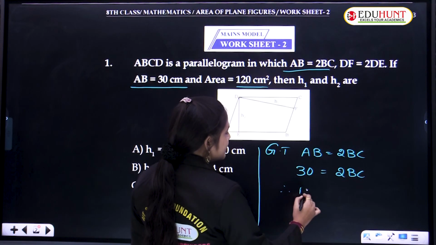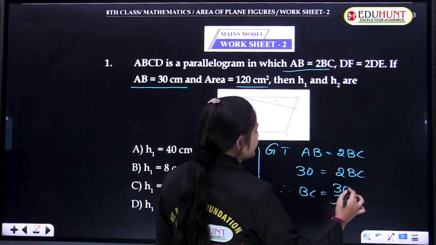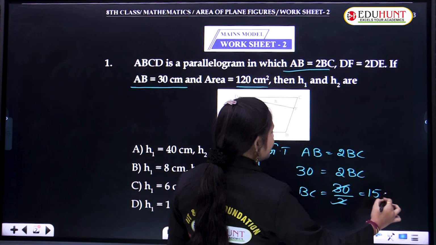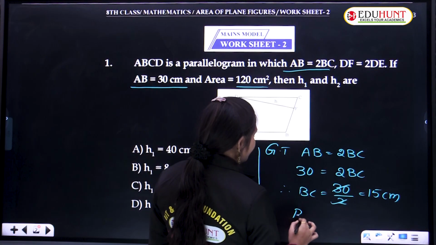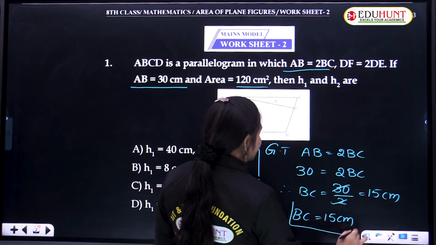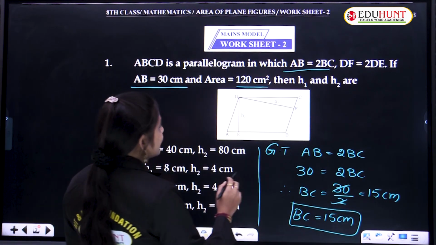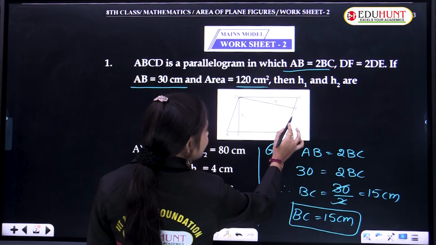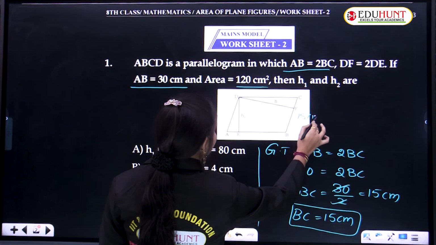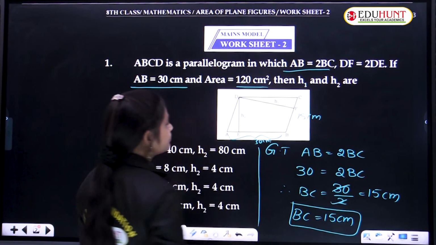From this, BC is equal to 30 by 2, which is equal to 15 centimeters. Am I clear here? BC is equal to 15 centimeters and AB is equal to 30 centimeters.